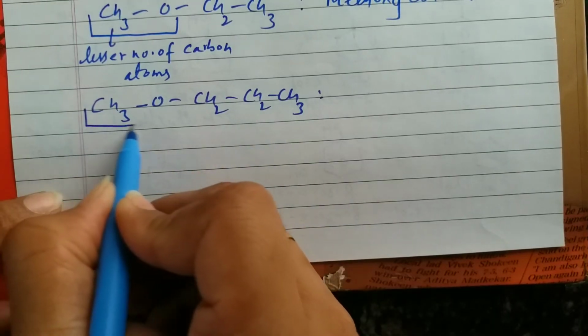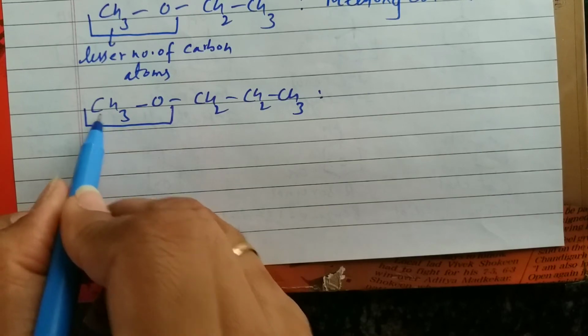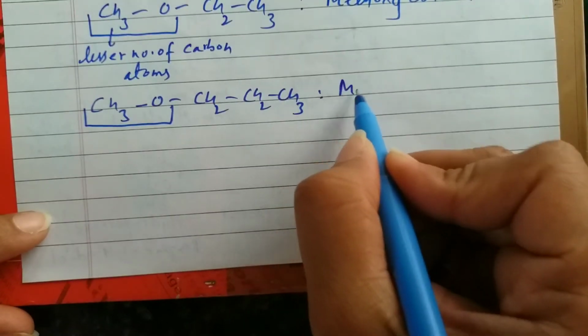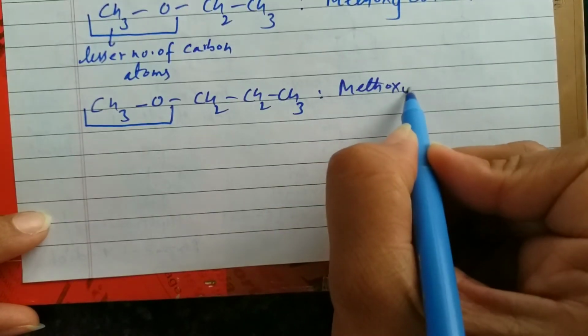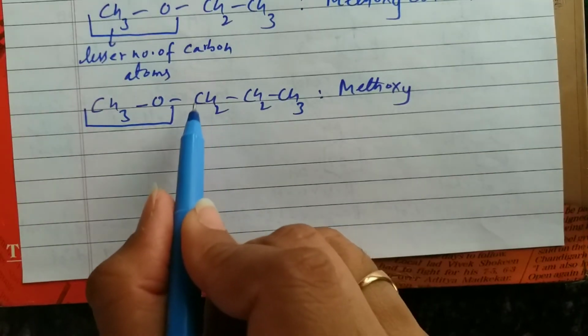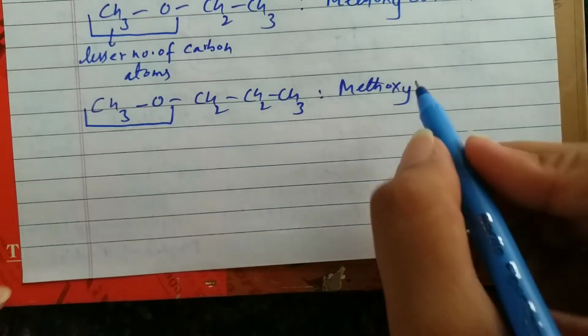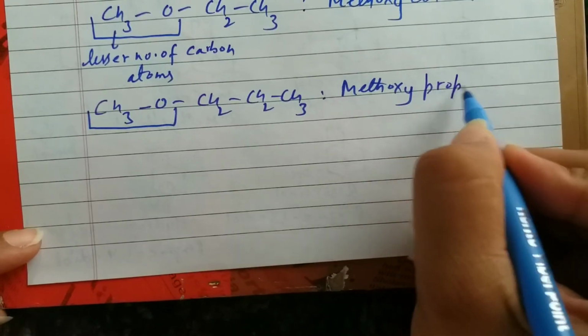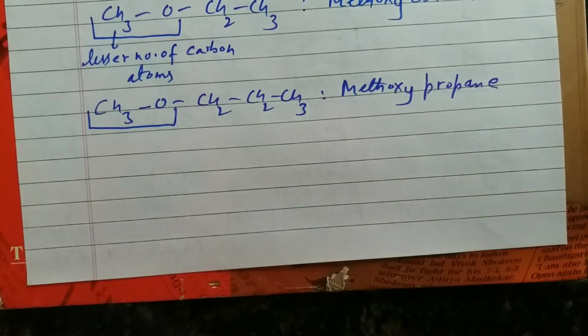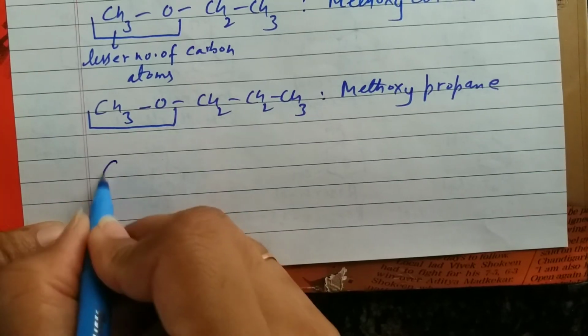The one which contains lesser number of carbon atoms. And with 1 carbon, what is this group? This is methoxy. And now find out the parent alkane. The remaining parent chain contains how many carbon atoms? 3. And so with 3 carbon atoms, the alkane is propane. So this compound is methoxypropane. Let's take another example.